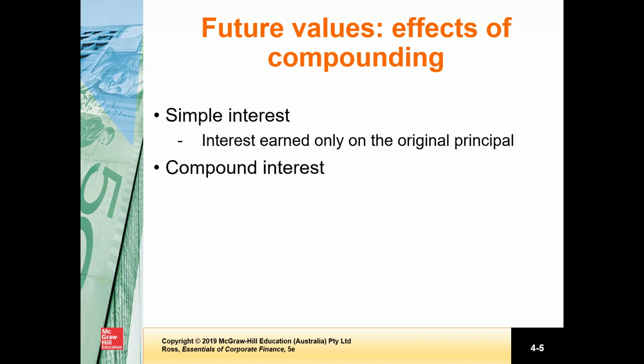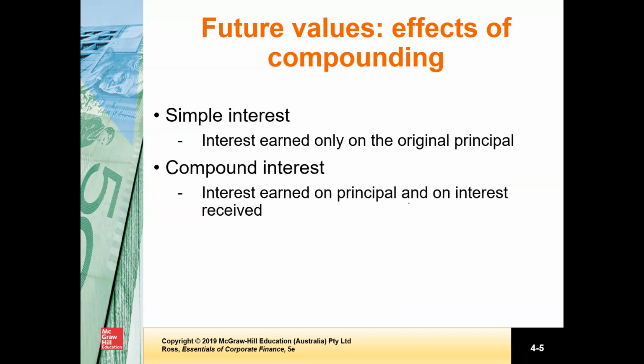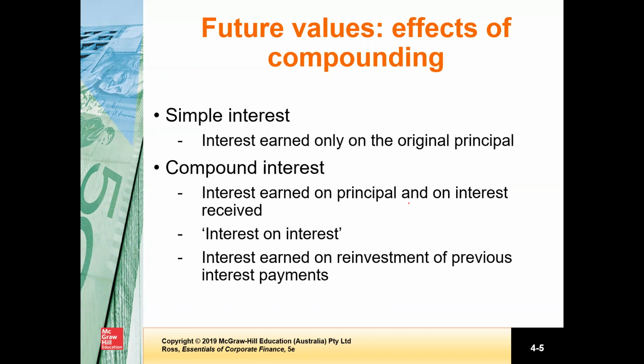For example, you are investing $100 today, and you are calculating the future value after 1 year. If interest is earned only on the principal amount, that is simple interest. Compound interest, on the other hand, reflects when the interest is earned on both the principal and the interest received. That's why compound interest is called interest on interest.